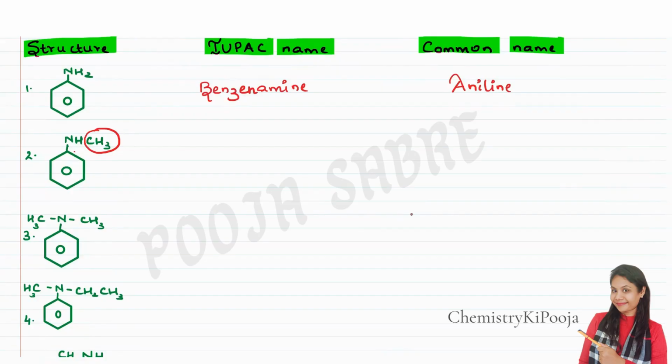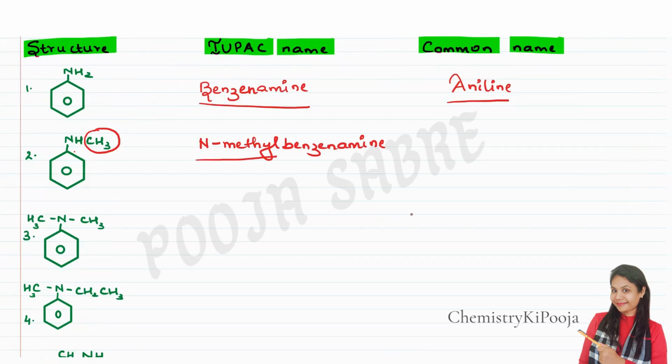You need not number the methyl group; you have to simply write N, since methyl is attached to nitrogen. So I'm going to write it as N-methyl, and then the parent is benzenamine. Clear?